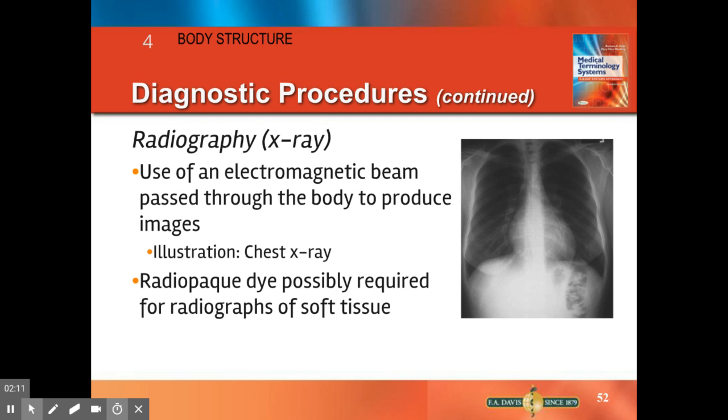Sometimes we use radio-opaque dyes like an iodine-based dye so that we can see the soft tissues. We use those a lot with CTs and MRIs. Also, with fluoroscopy, sometimes we use something called a barium enema. We have people drink barium, or we insert barium through the rectum so that we can look and see what's going on in the colon.